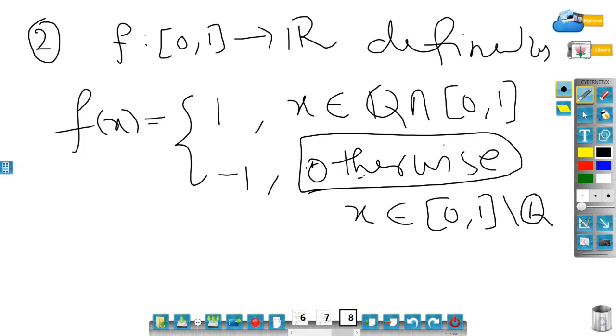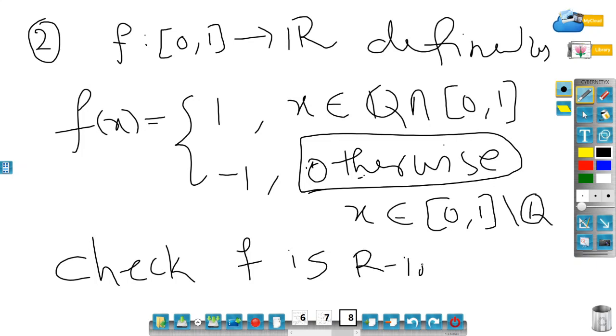So if you remove all the rational numbers from closed interval 0, 1, then it becomes the set of all irrational numbers. So the graph of this function is very difficult to draw. So the question is, check whether f is R integrable or not.